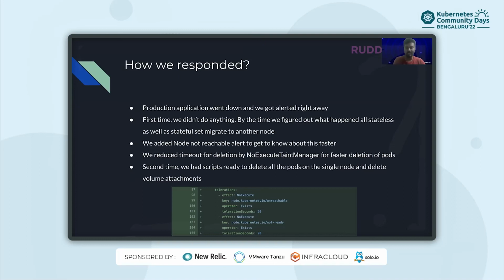Whenever a node is not reachable for 20 seconds, the pod gets deleted from there and moves to a new node. We also wrote runbooks and scripts for deleting all the pods on a single node, and also deleting all the volume attachments from that node. This helps us in bringing the stateful pods up quicker.